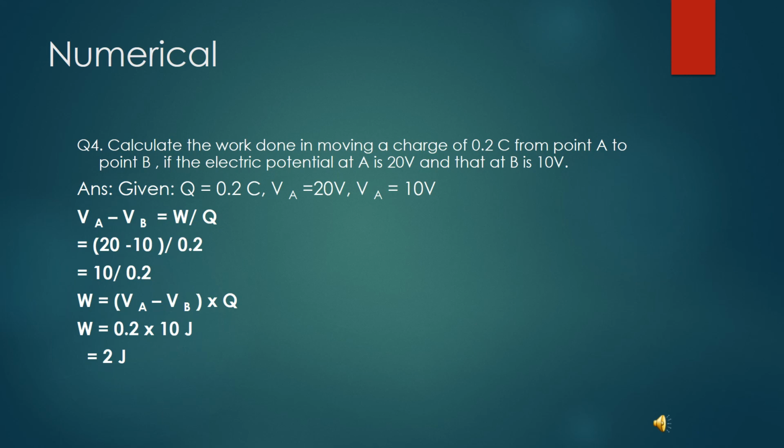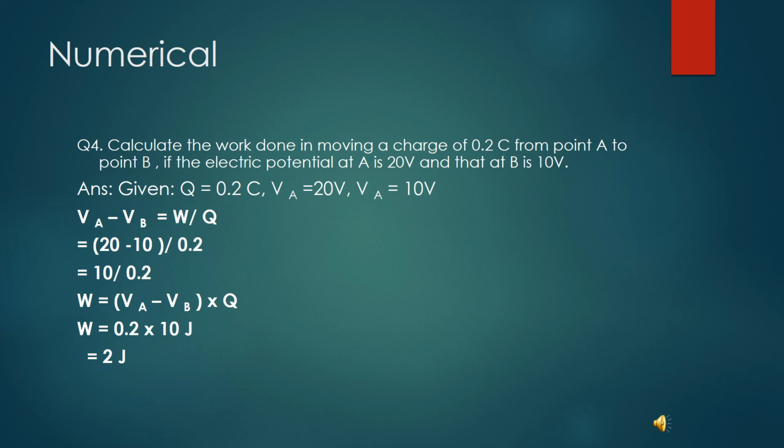Another question number 4. Calculate the work done in moving a charge of 0.2 coulomb from point A to point B if the electric potential at A is 20 volt and at B is 10 volt.